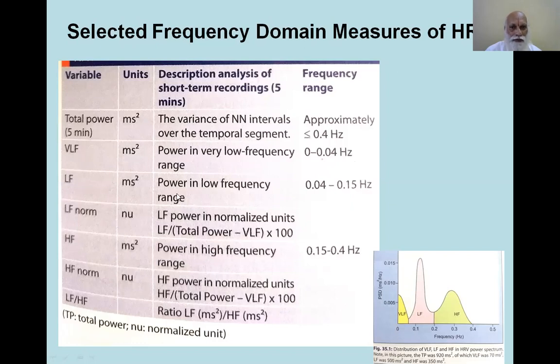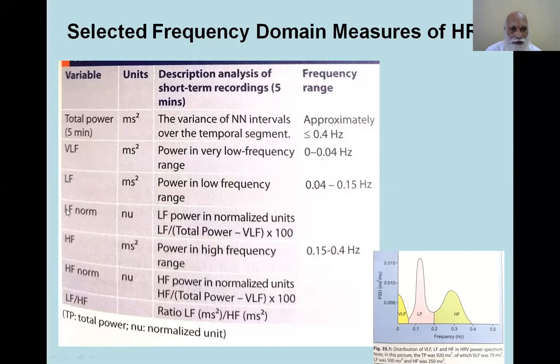For low frequency, the range is 0.04 to 0.15 Hertz. And for high frequency, the range is from 0.15 to 0.4 Hertz. Sometimes it is given as 0.2 or 0.15, either of them. Okay, so that is about the high frequency.